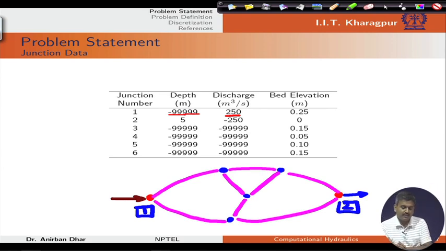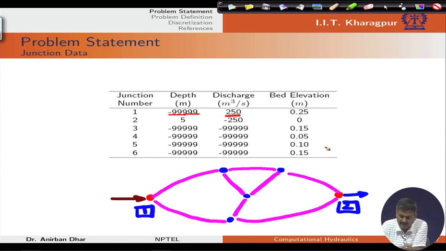As per this table, we can see that the depth is specified at the downstream end at junction number 2, this is 5 meters, and we have a specified discharge which is minus 250, that means water is discharged at 250 meter cube per second from this junction. And the third column is bed elevation.